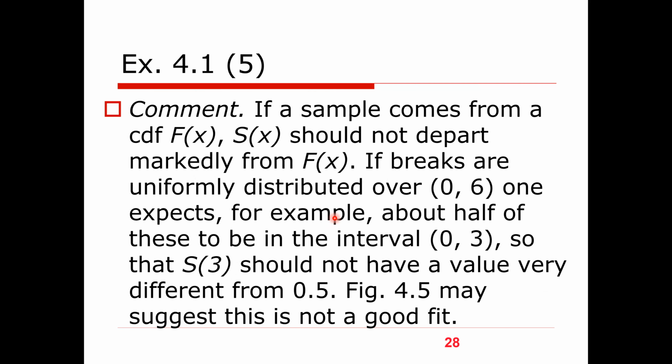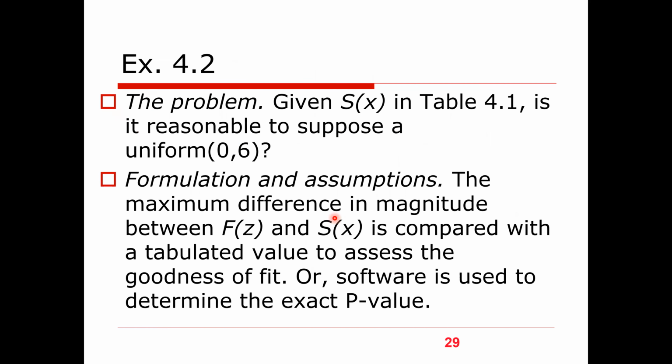So how do we evaluate what is a good fit and what is not? For the Kolmogorov test, we use the maximum difference in magnitude between Fz and Sx. Fz is the theoretical CDF. We use Z to separate from X. X is our real observations. So these Z's may not be just these X's because we have only 20 observations.